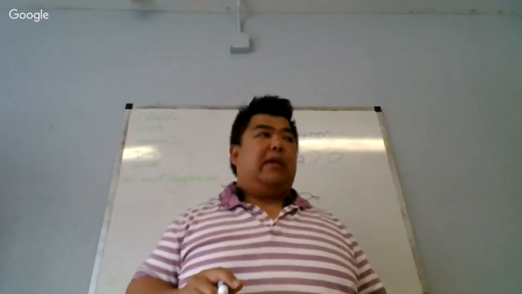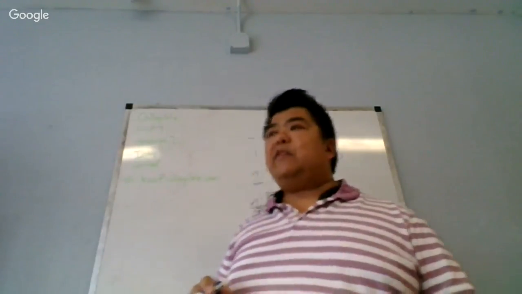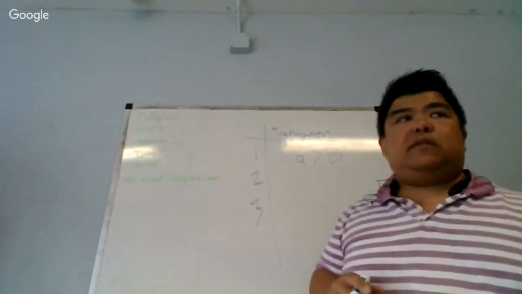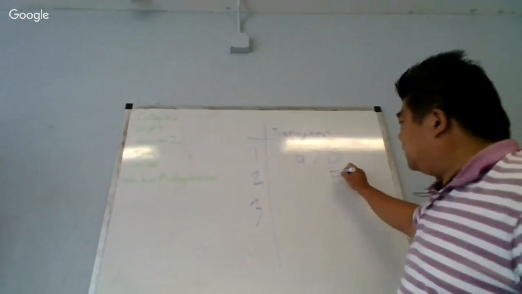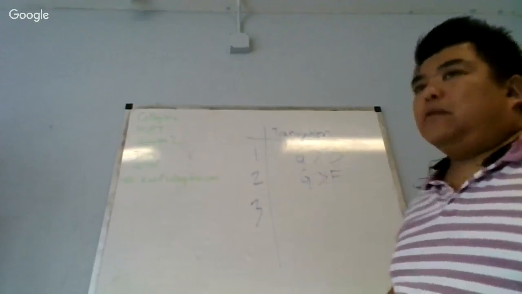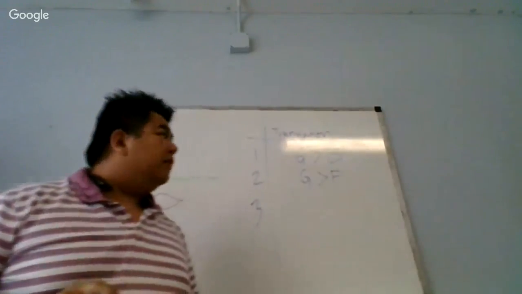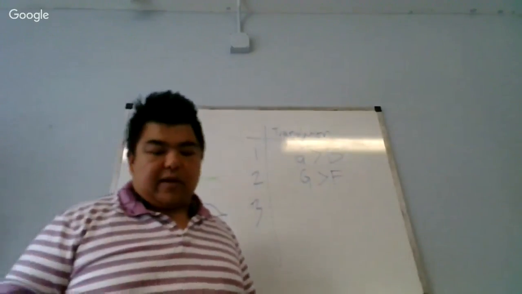G is greater than B. Okay, what about the next one? Tula? Fred is less than George. So you could do this. Okay. You guys see it? All right.